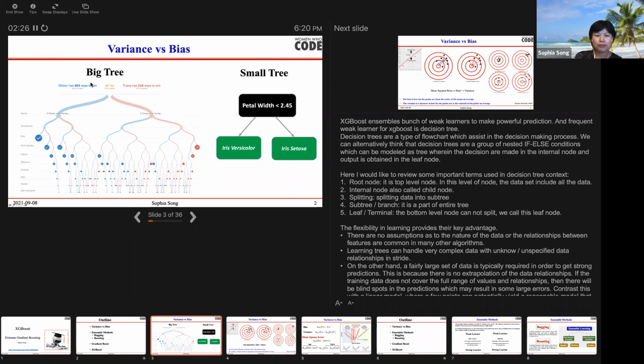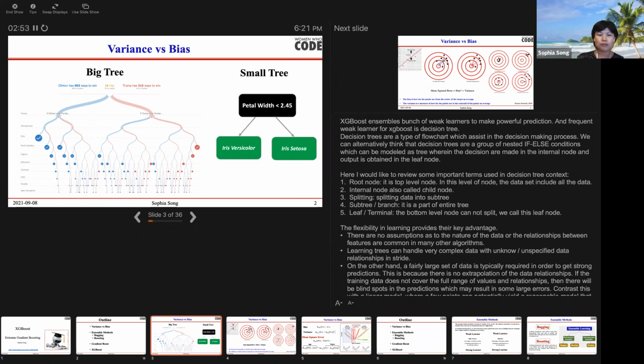The root node is the top level. Then we can have some internal nodes, where we make some decisions. With splitting, we split based on some feature threshold into different branches or different subtrees.